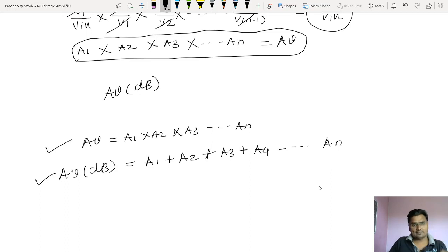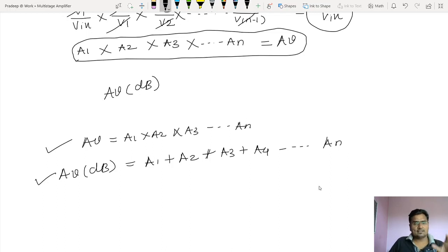We can prove that A equals A1 multiplied by A2 multiplied by A3 with the help of the hybrid h model. We can prove that, but we are not going to do this process again, because the analysis of a single stage amplifier with the help of the hybrid model, we already learned in the previous semester.